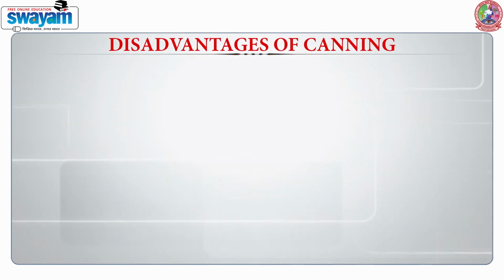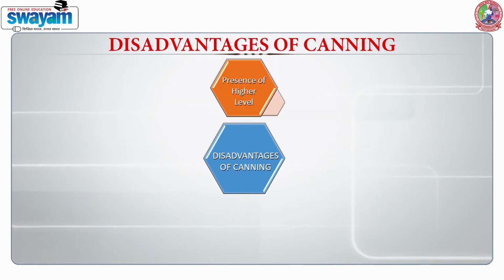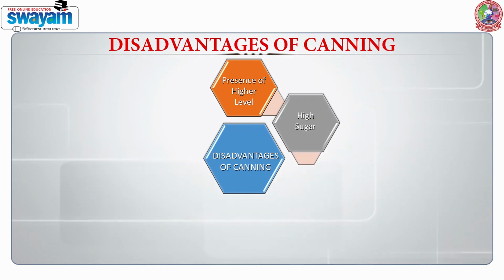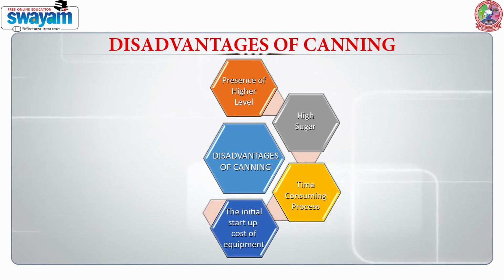However, there are certain disadvantages of canning also. Some prominent examples are the presence of high levels of sodium and sugar, and it is a time consuming process. To start canning at a large scale, the initial startup cost of buying equipment is very high.